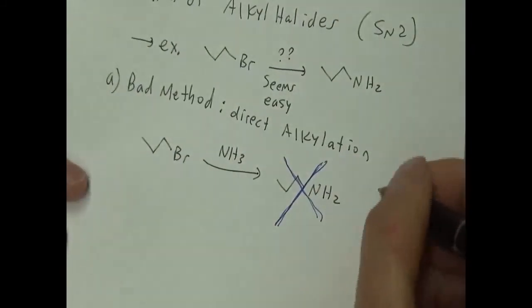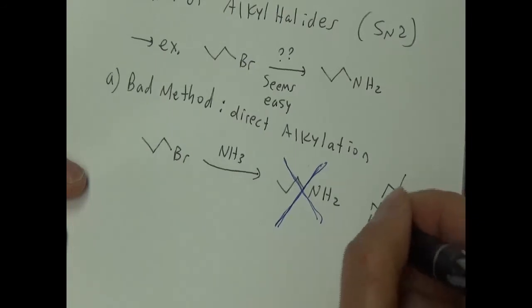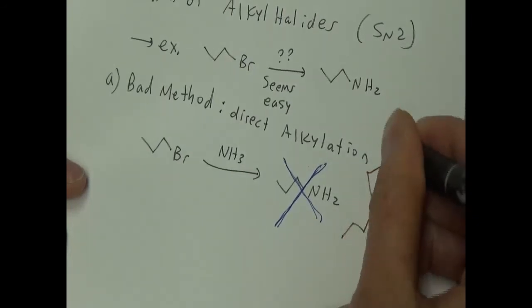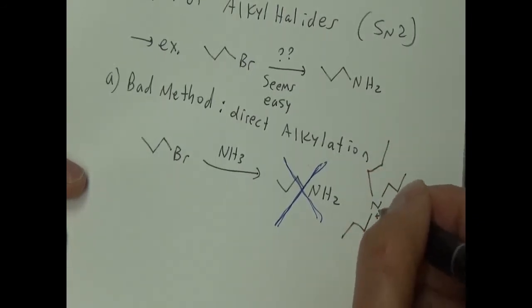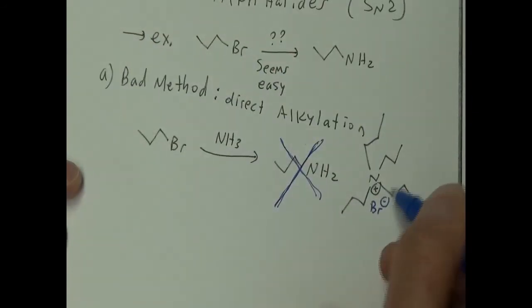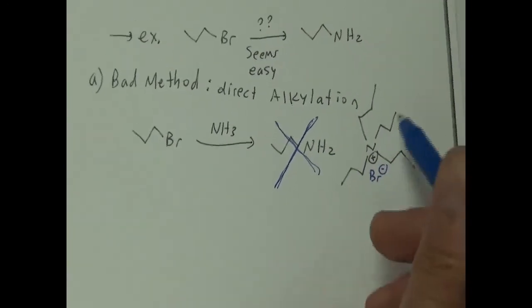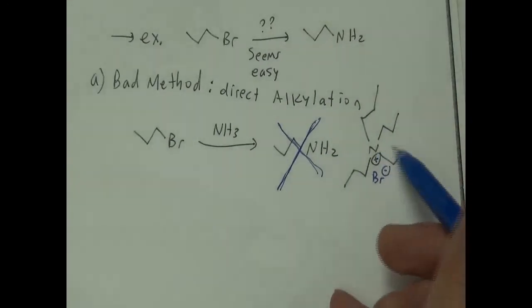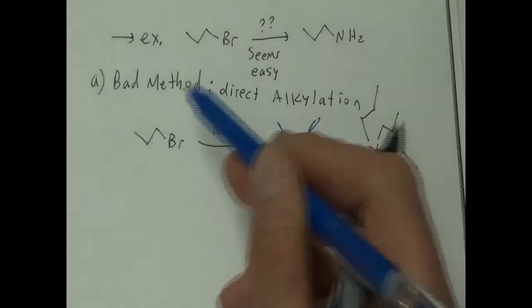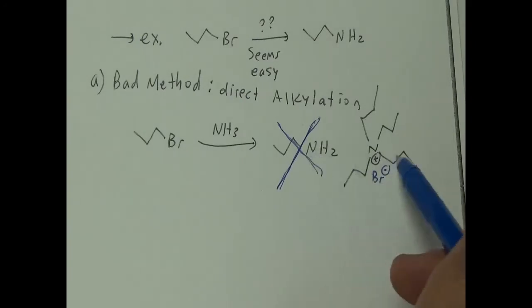Your end product will be nitrogen with 4 propyl groups. It keeps going and going, so you end up with this quaternary ammonium salt, Br- thing. I want to make that, but it keeps going to make this. How does that all happen, and why is it a bad method? Because it doesn't make what you want, right? All we want to do is this, but it makes this.